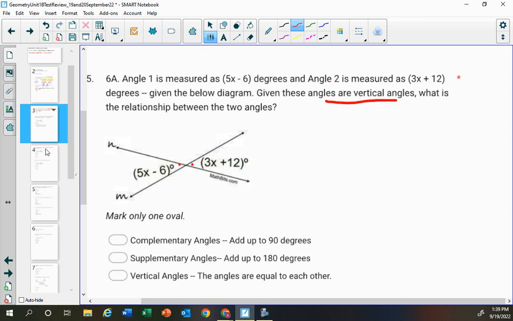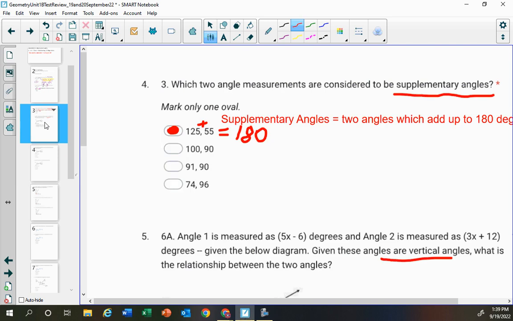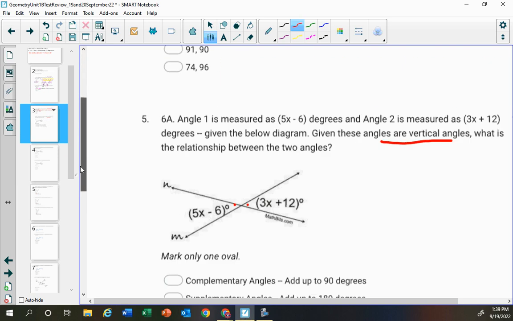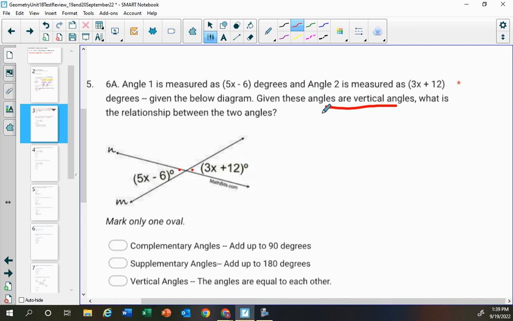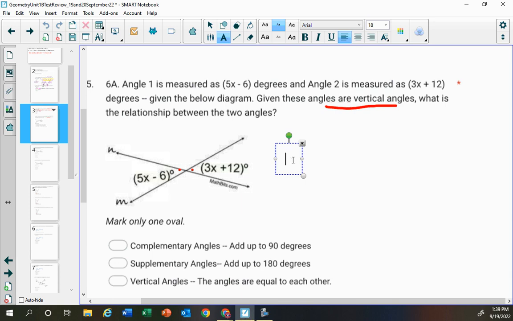They're equal. What I should have done, I think on the test it's actually going to be the case, is do the setup. I just wanted a setup: 5x minus 6 equals 3x plus 12. Yep.